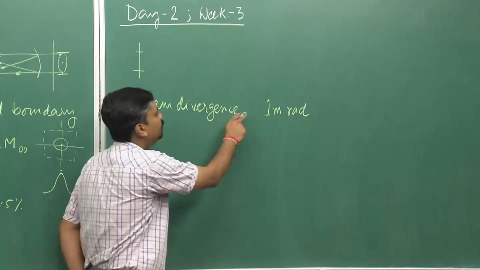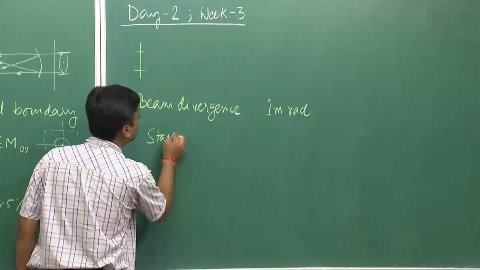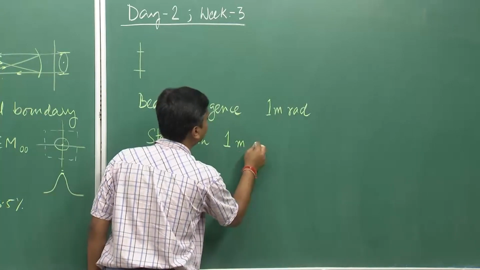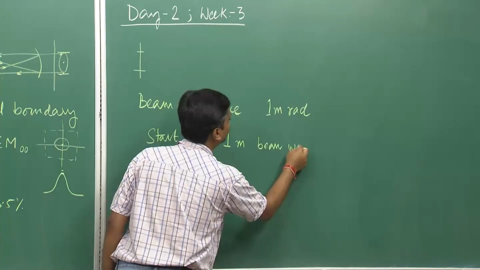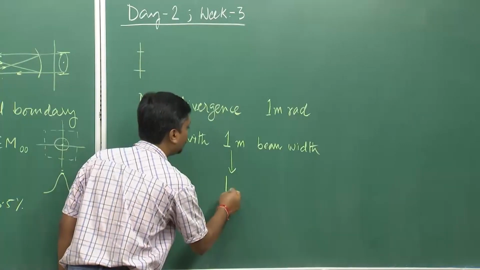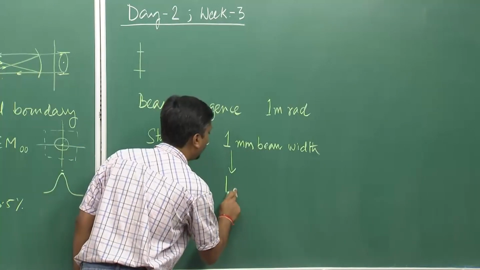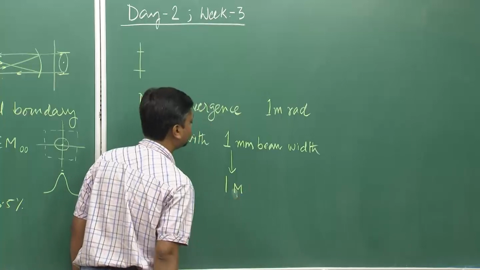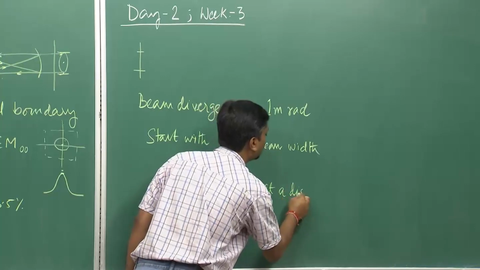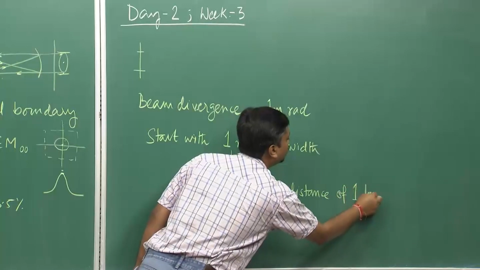When I say a beam has a divergence of 1 millirad, what does that mean? That means if I start with a beam width of 1 mm, sorry, this is 1 millimeter, it will appear to be 1 meter at a distance of 1 kilometer.